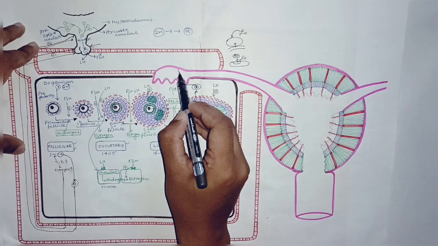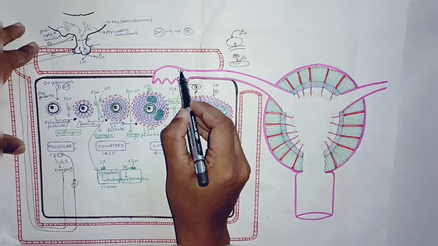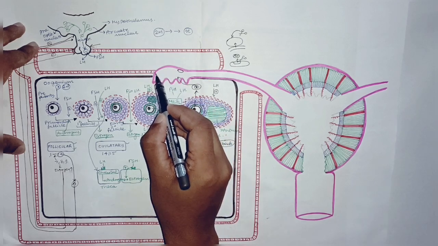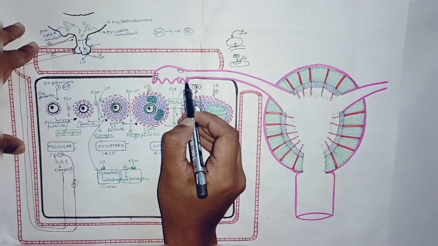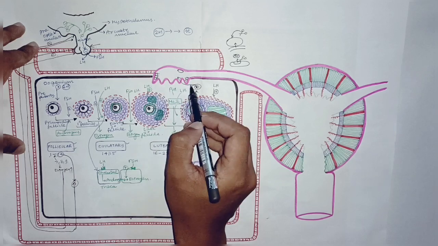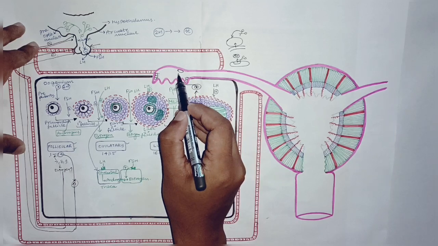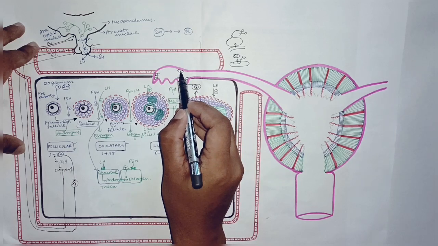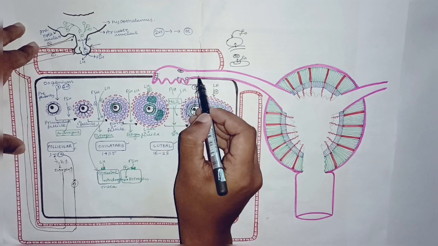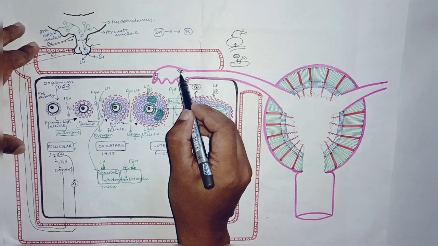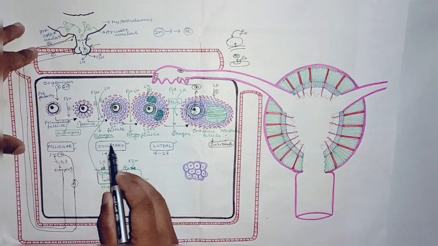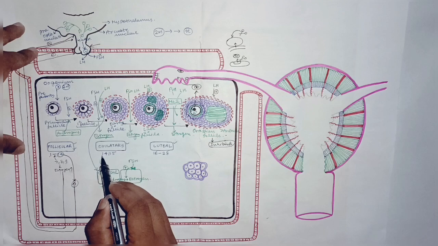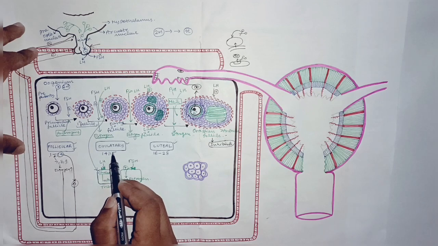This portion is the ampullary isthmus junction, and the fimbriae has various columnar cells with cilia, which help this oocyte travel down to the ampullar region, and at the ampullary region, sperm comes and fertilizes this oocyte. So this is the ovulatory phase, which happens at the 14th or the 15th day.